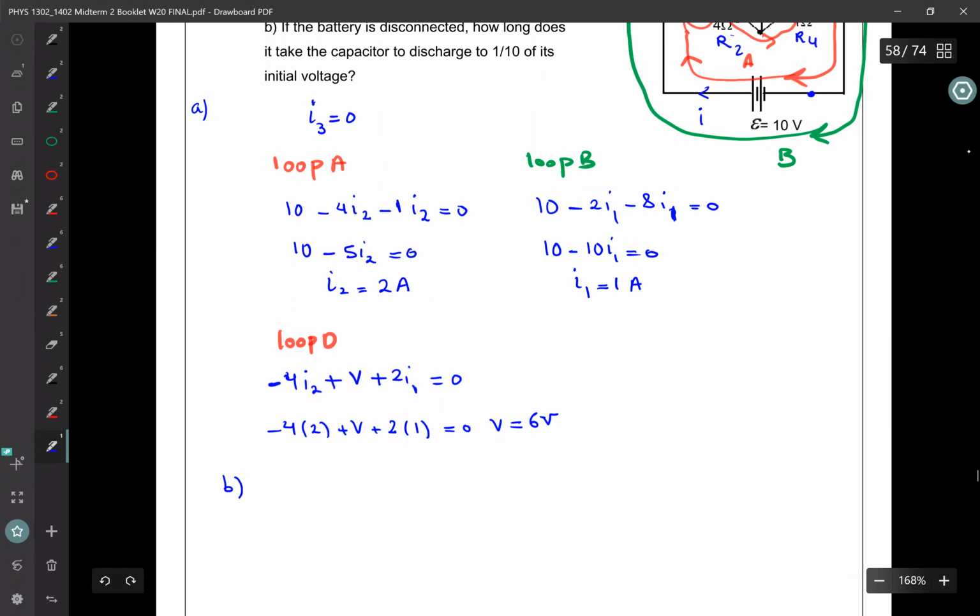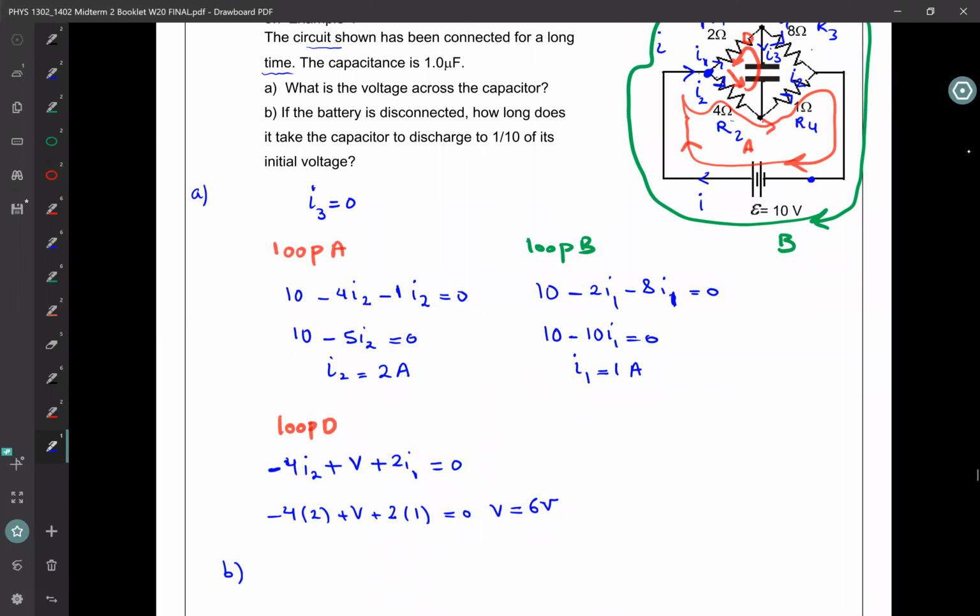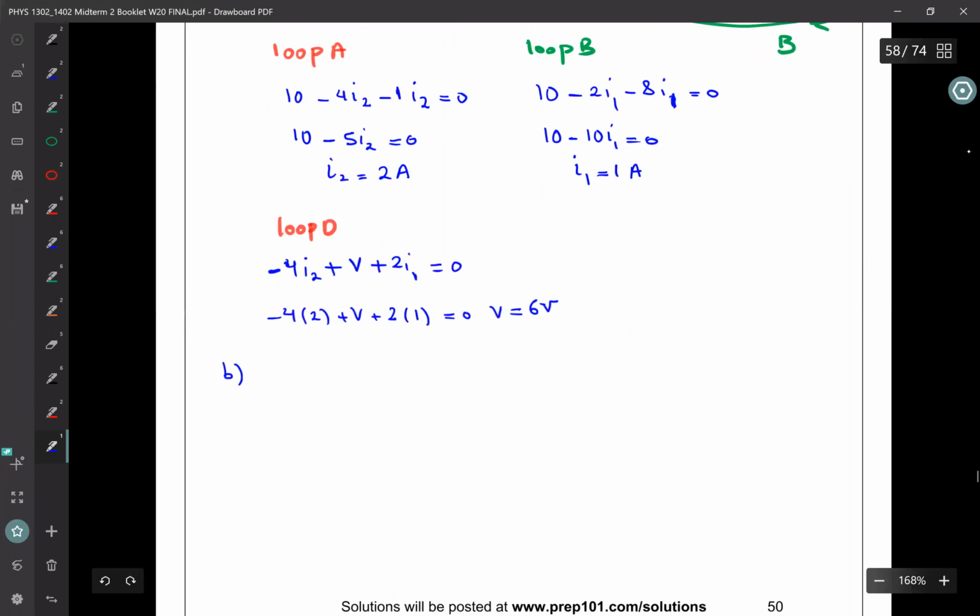Part B, if the battery is disconnected, how long does it take the capacitor to discharge to 1/10 of its initial voltage? So now I am going to take the battery completely off the circuit. So let me draw the circuit one more time.